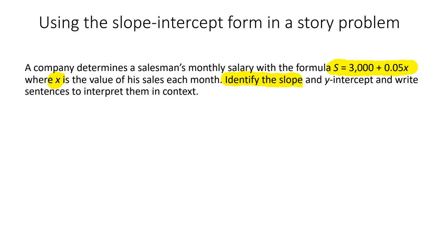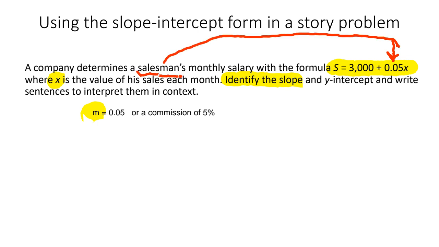You're going to see this slope identified a couple of different ways. The slope is this 0.05, but in this story, what does the 0.05 represent? His commission.